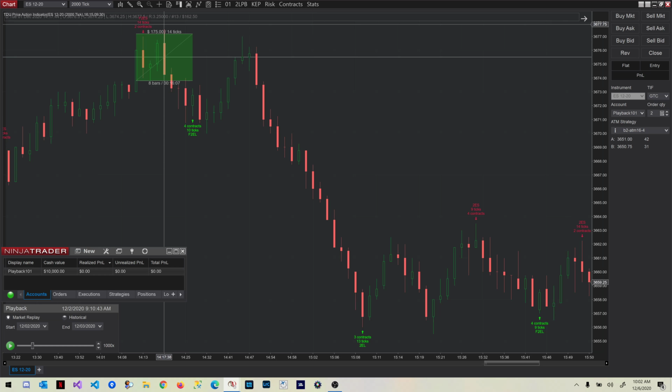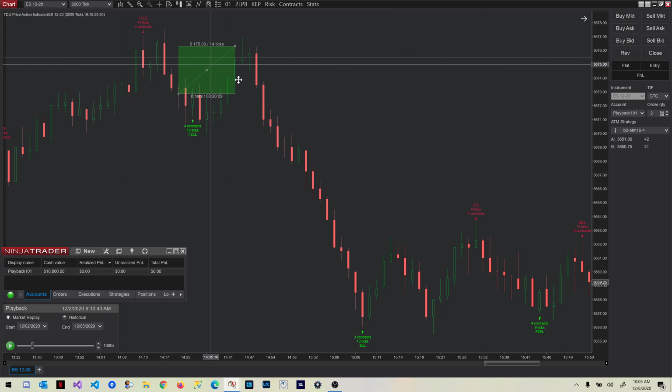Now, if we say we want to trade 5% of our account for every trade, which was $500, then indeed we could trade 2 contracts max and not more. So in total it would be a risk of $350 here. So that's the 2 contracts.